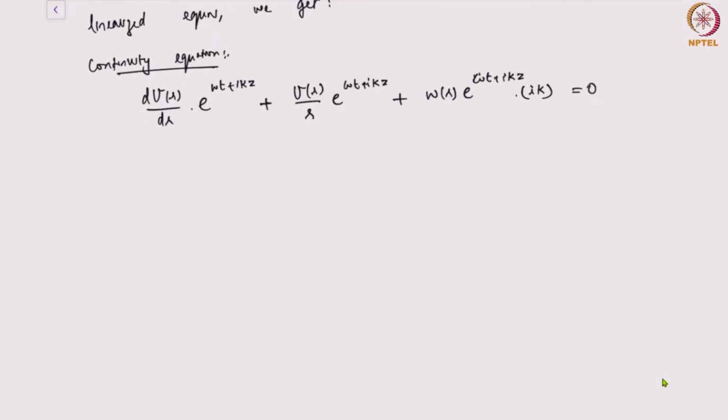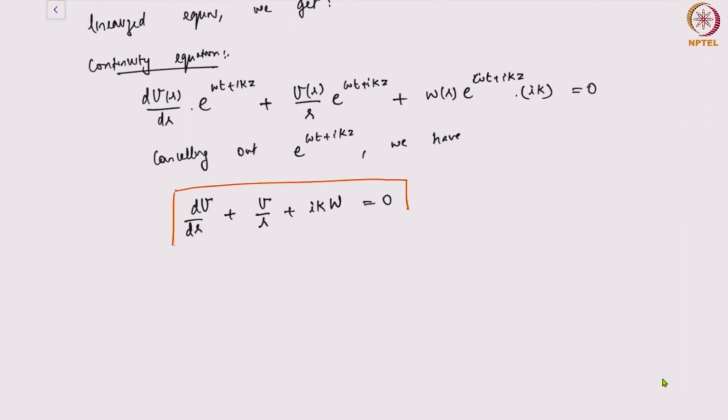Cancelling out the exponential, because it can never be 0, we have a simple equation, d by dr of capital U plus U by r plus ik of W is equal to 0. We'll call this equation A.